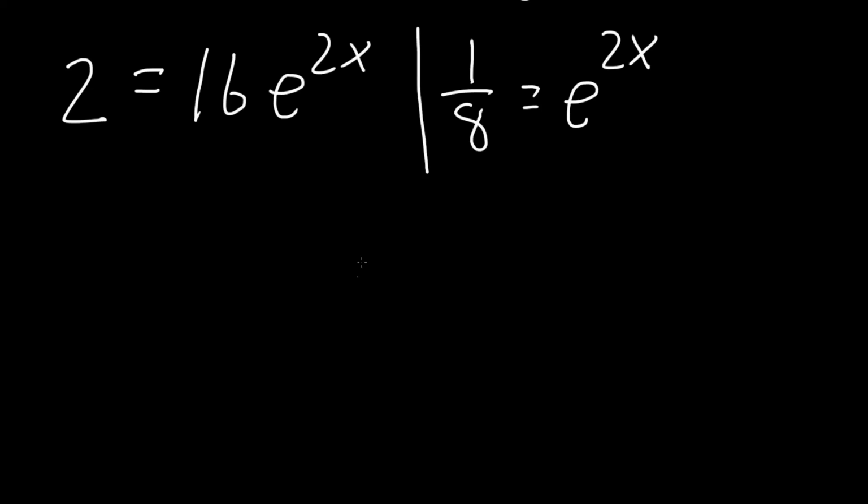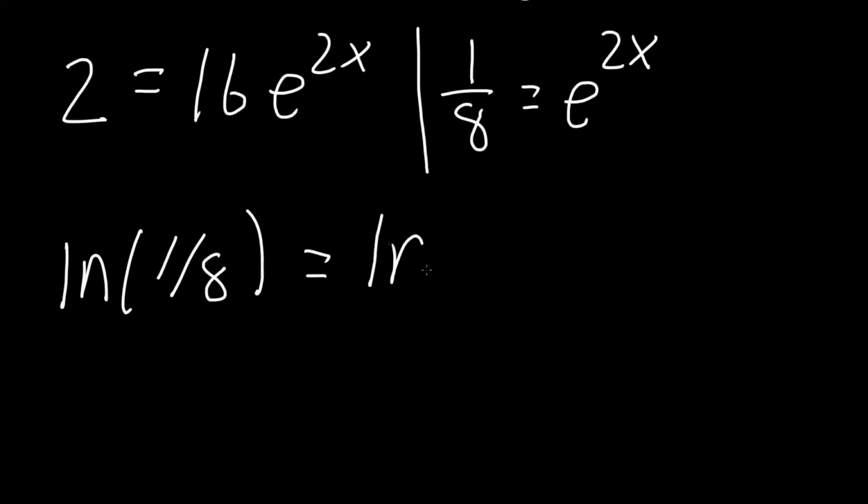And so next we're going to want to take the natural log of both sides. So we would get ln of 1 over 8 is equal to ln of e raised to 2x. And we know that ln is log base e, and the log base e and e raised to the power would cancel out, and we would just get 2x.